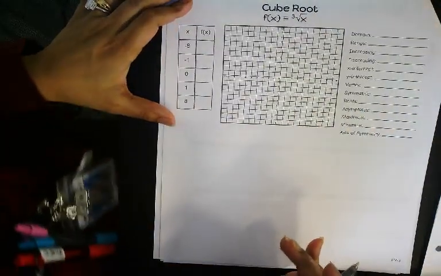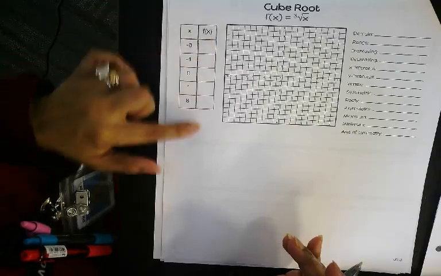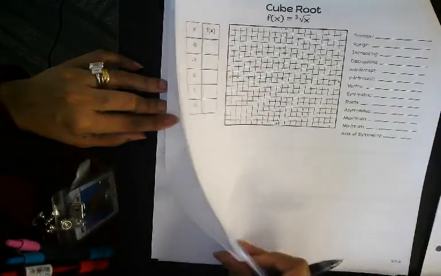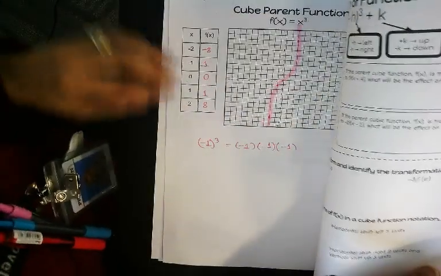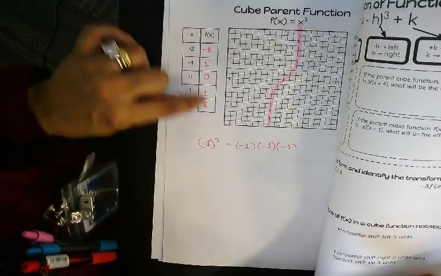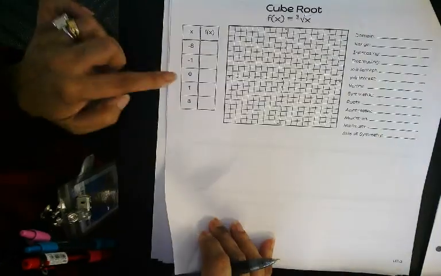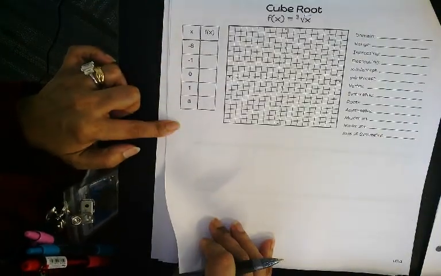Pay attention to the values over here. Look at these values on this side. So all the x values, look at the x values that you use. All the y values for x cubed became the x values for the cube root. So it's just the mirror image of each other. They're the inverse of each other.